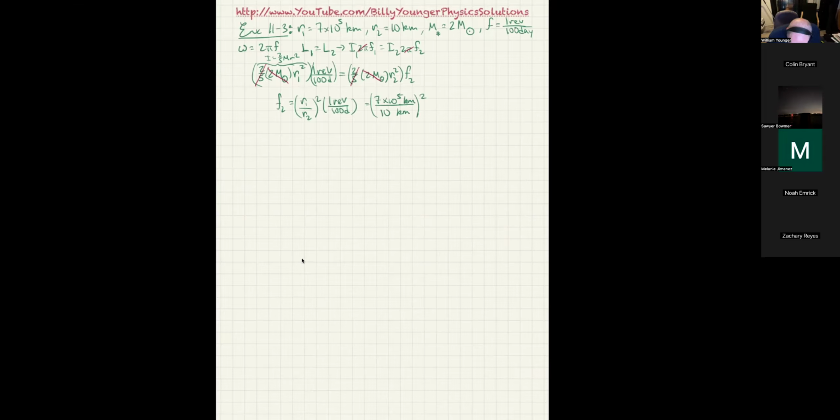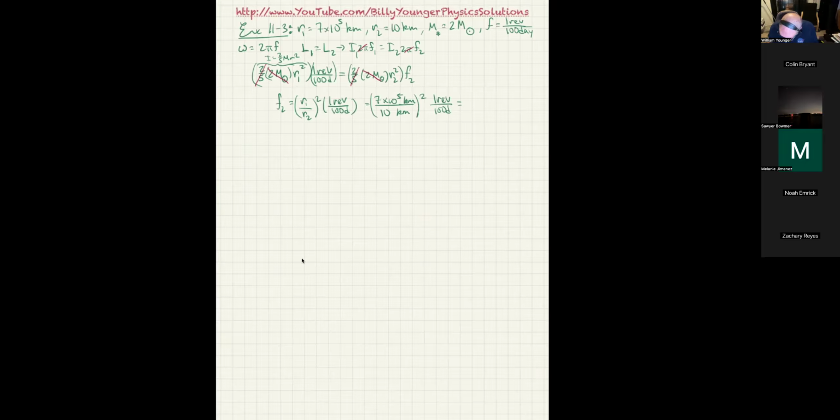And I'm going to treat this as 1 revolution per 100 days. So I'm not even going to change the 100 days. I'm just going to leave it as some number of revolutions per 100 days. And when I do that, I get 7 times 10 to the 5th. Whoa, I did all sorts of stuff wrong there.